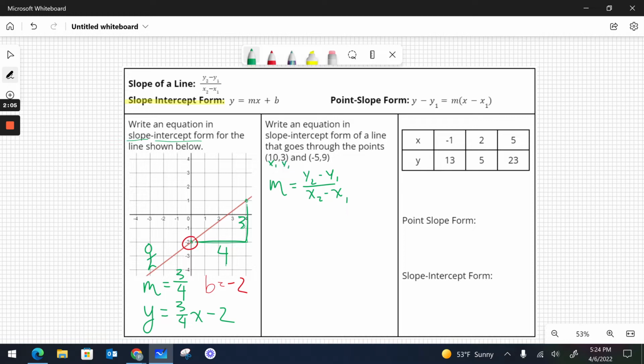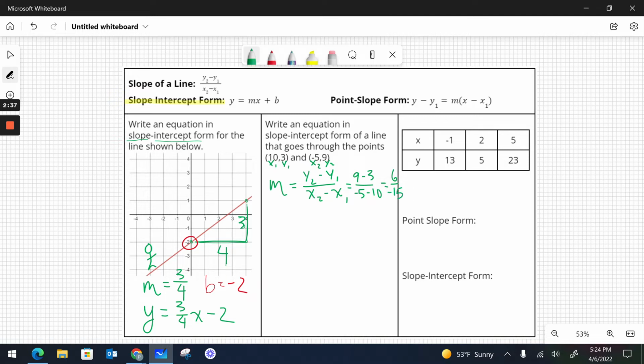So y2 minus y1 is 9 minus 3. x2 minus x1 is -5 minus 10. 9 minus 3 is 6. -5 minus 10 is -15.